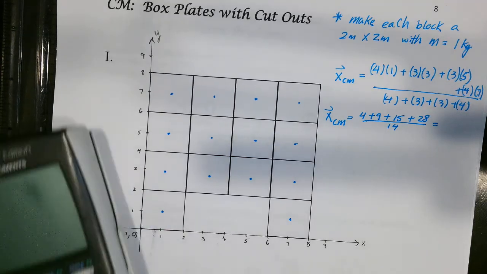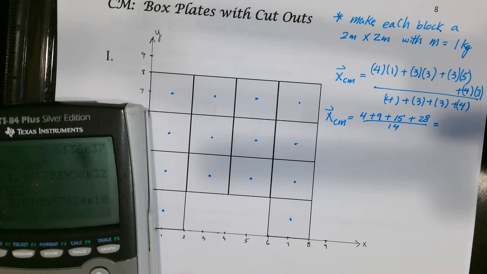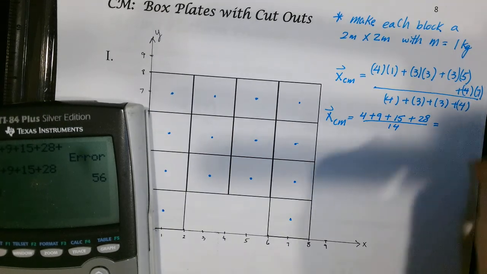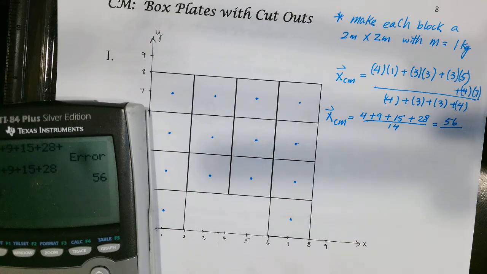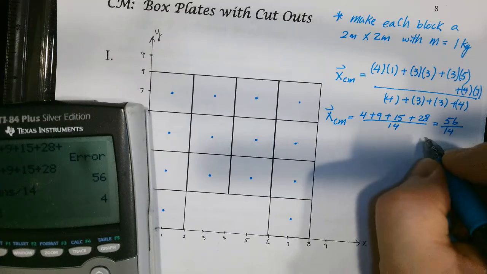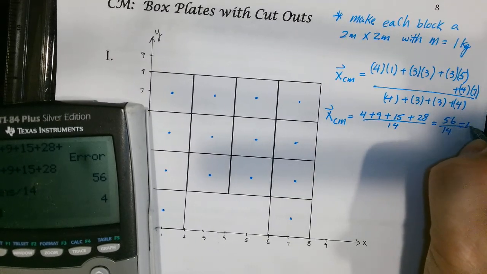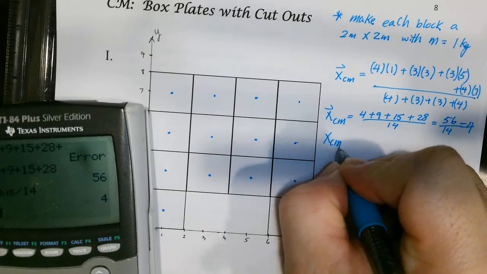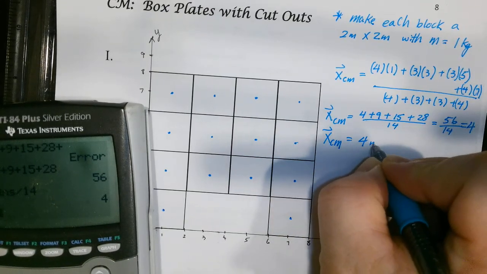Well, let's work it out. 4 plus 9 plus 15 plus 28 is 56, over 14. And I get 4, just as we predicted. So x sub cm is equal to 4 meters.